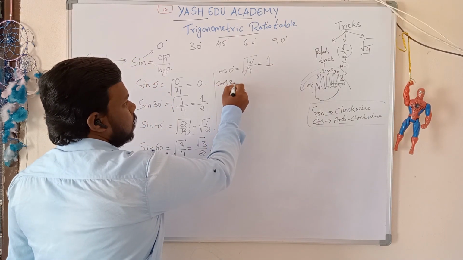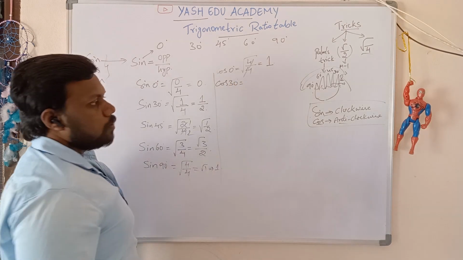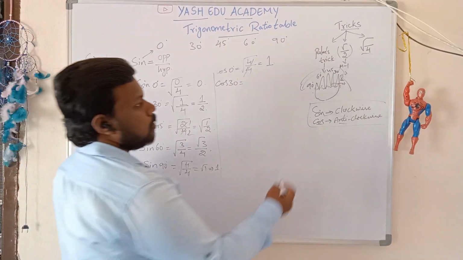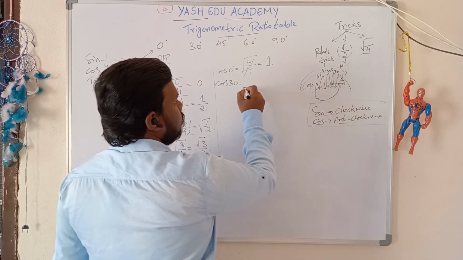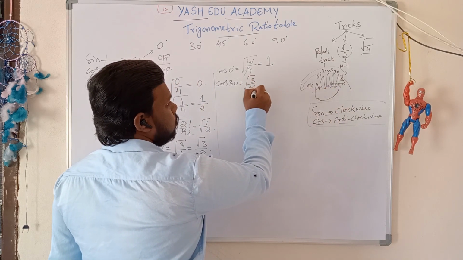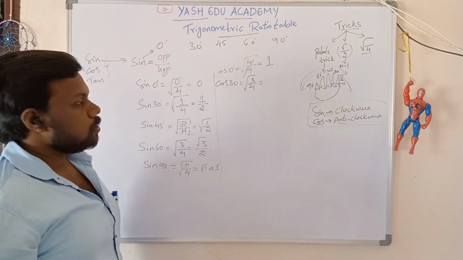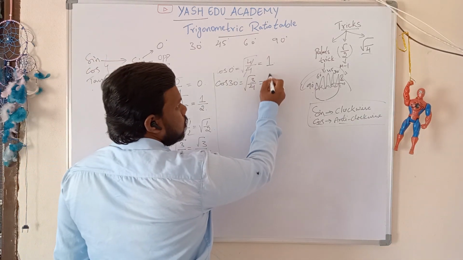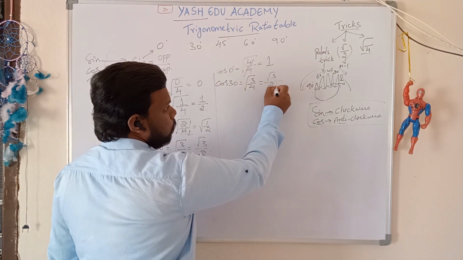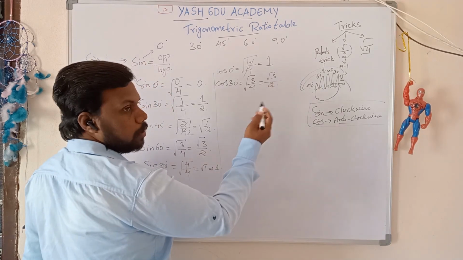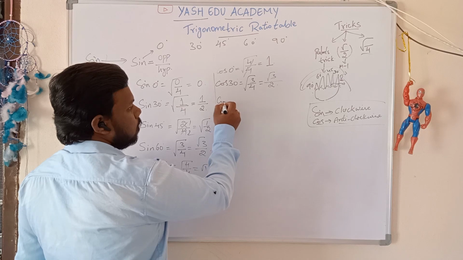Now cos 30. What's the value of cos 30? Let us count them. After 30, how many fingers are left? 3. Root of 3 by 4. Root 3 remains root 3 itself, and root 4 is 2. So root 3 by 2 is the value of cos 30.